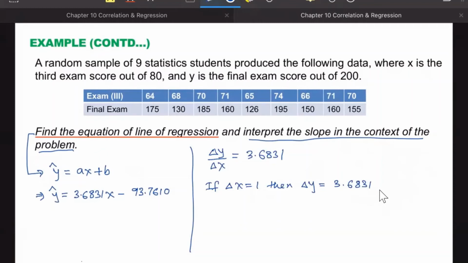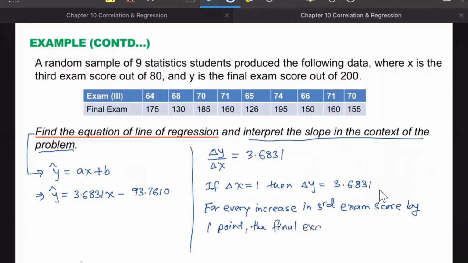So let's write it down. For every increase in third exam score, make sure you write this, third exam score by 1 point, the final exam score will go up by 3.6831 points.